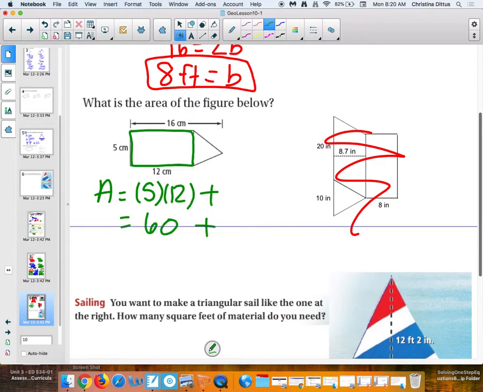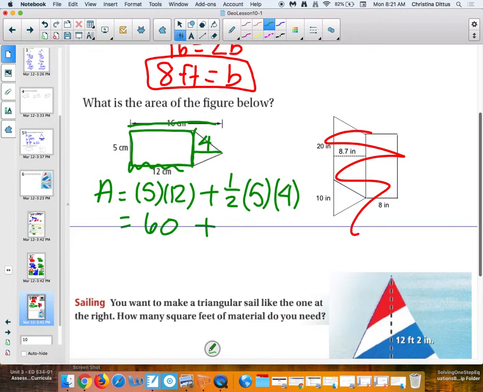Well, I have to add on my triangle, right? How do I find area of a triangle again? Half base height. What's the base of my triangle? 5. Who's got the height? How'd you get it? Whole thing is 16, this little chunk is 12, so I know when I subtract them, I get 4.